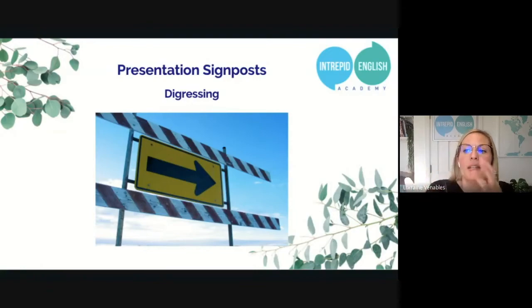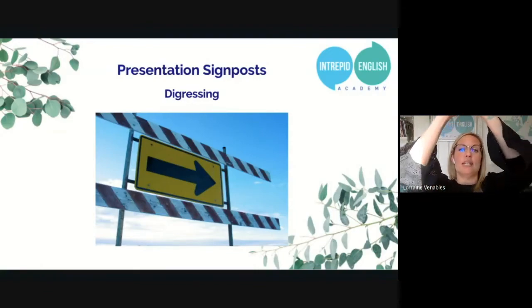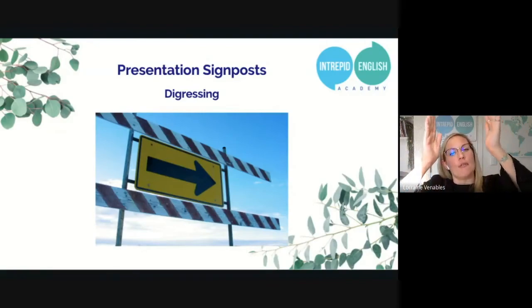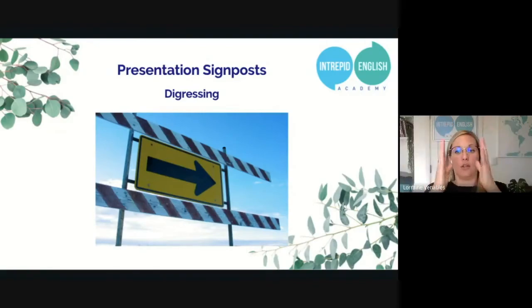But you feel in the moment that it's necessary for you to explain in more detail. So you're going off track for a moment, but you'll come back to the main theme very quickly. So these are the main points. It's temporary. You're just leaving temporarily.